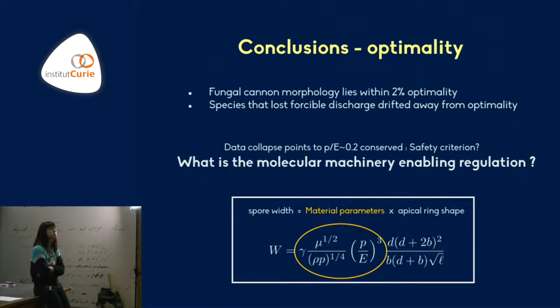And so my question would be, have you measured these material parameters of the fungi in different conditions? Because if the thing is due to morphology, then you would expect that that can never change. So the fungus might be regulating when to eject by changing the viscosity of the fluid or something that's easy to do, rather than the actual physical shape.